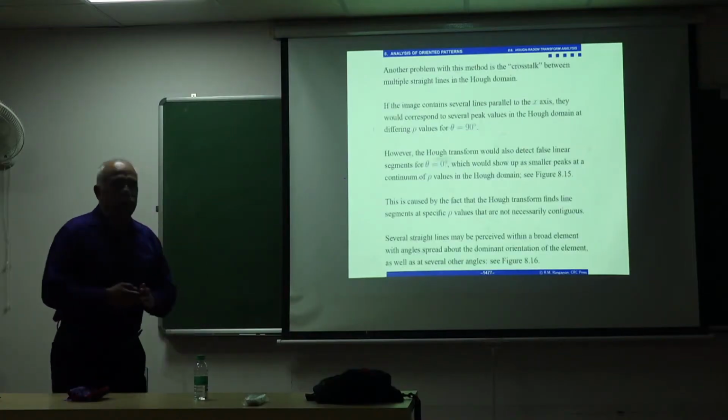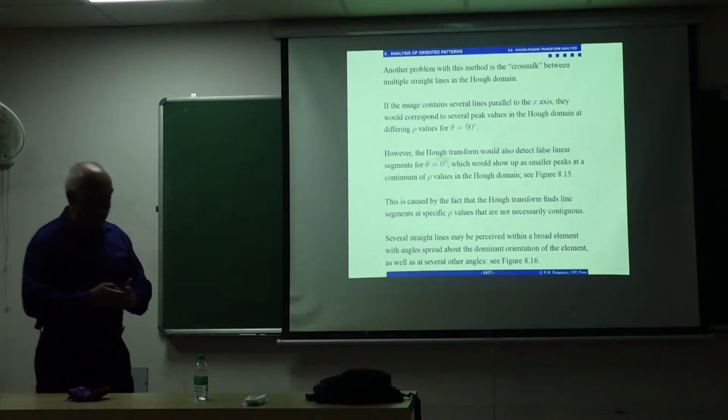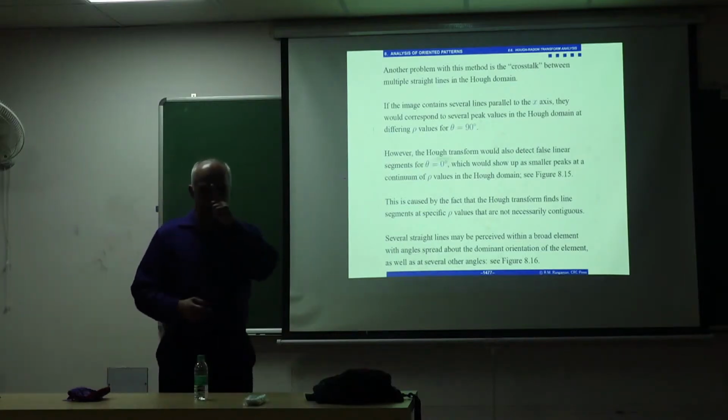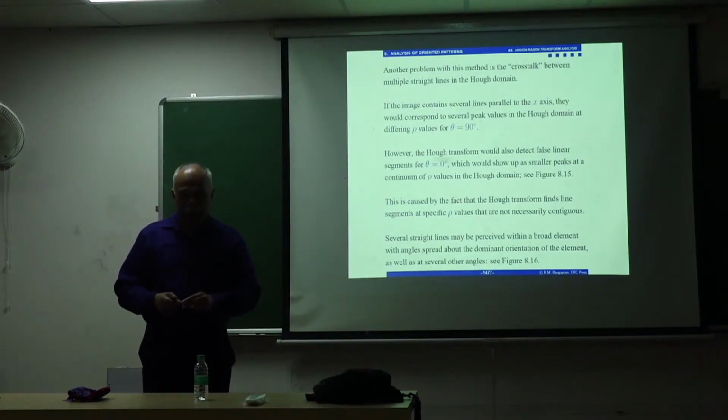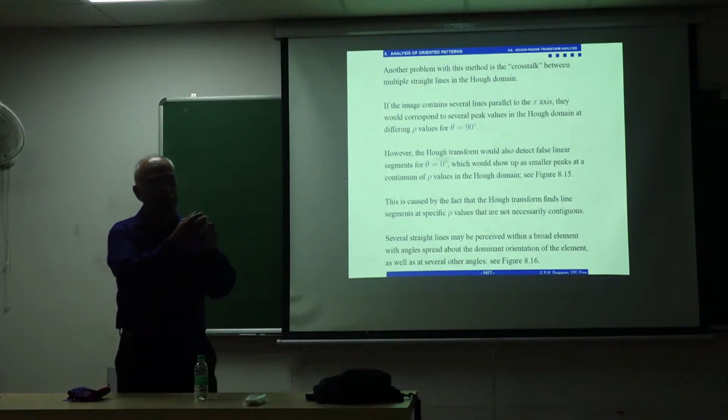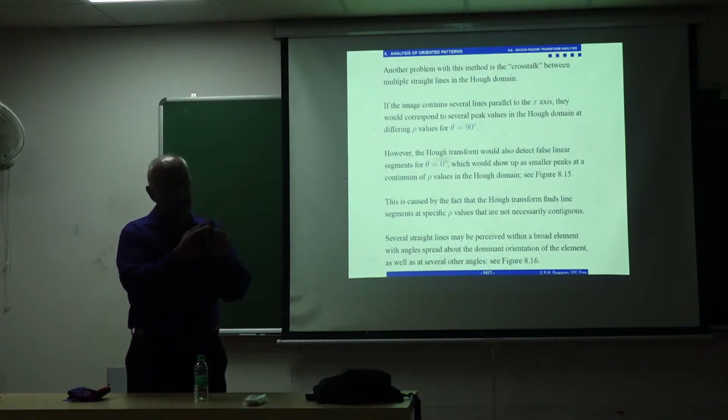There's a problem with the Hough transform with crosstalk. I mentioned that if a line is of 1 pixel thickness, it gives you all those sinusoids, and they intersect at one point. But if a line is thick like this, it's a rectangle. There are many pixels in this rectangle, and you can form many lines by connecting many pixels.